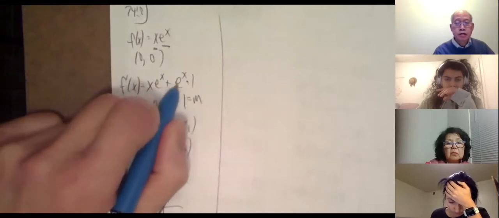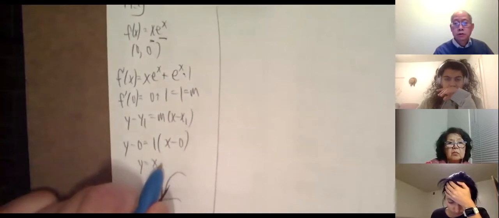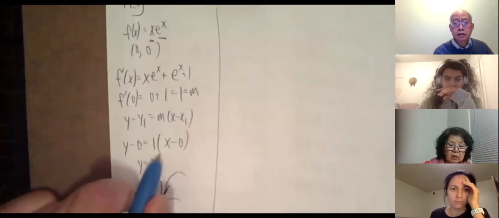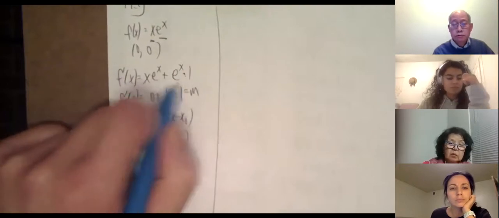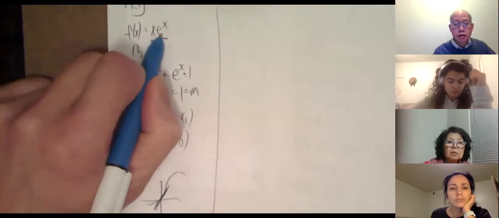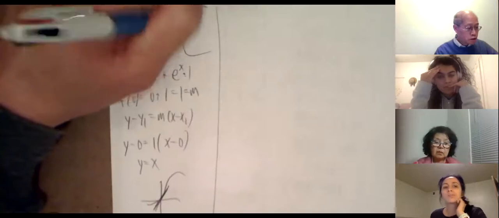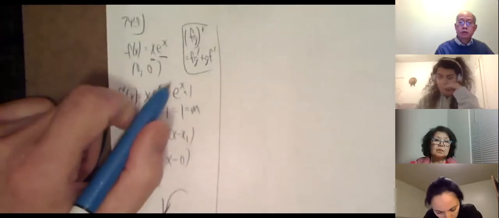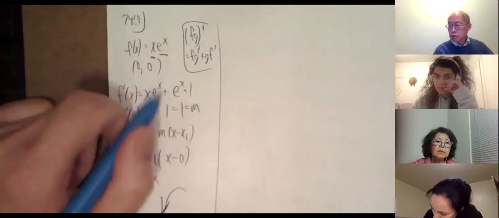First times the derivative of the second, plus second times the derivative of the first. I'm not sure what you're asking. This is from the product rule. First function times the derivative of the second, plus the second function times the derivative of the first. Fg prime plus gf prime. Product rule. That's what I was doing. Okay. Got it.